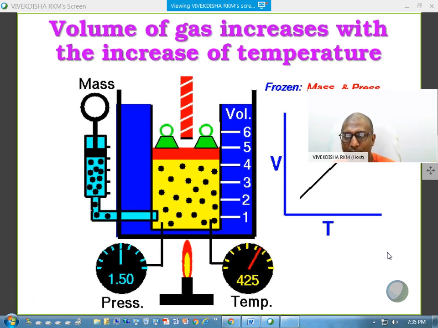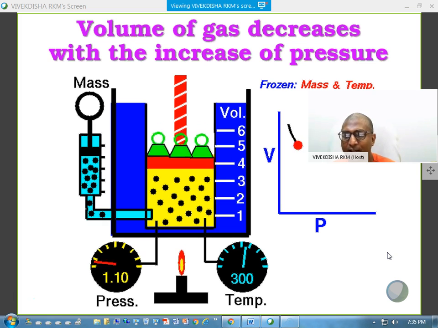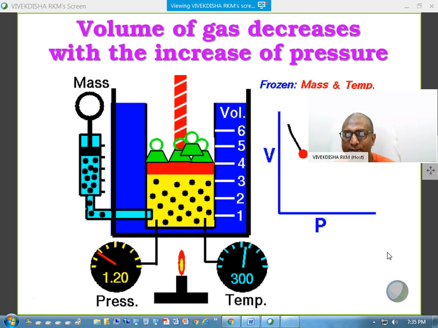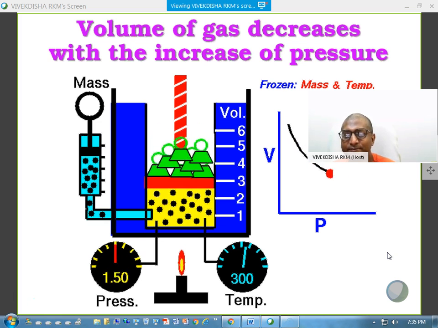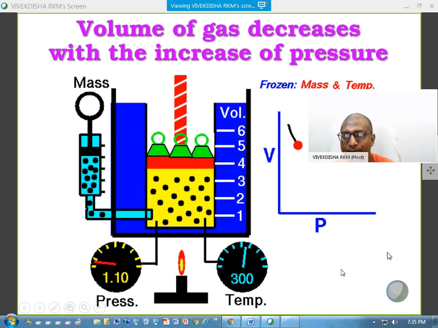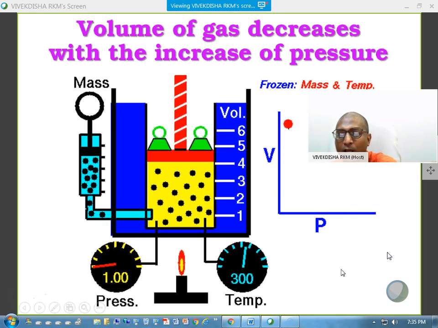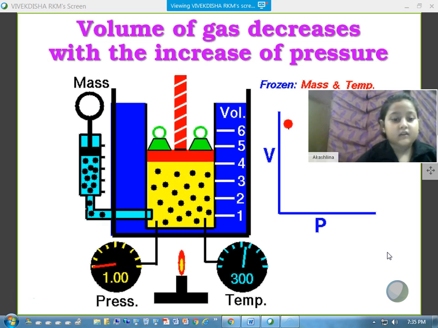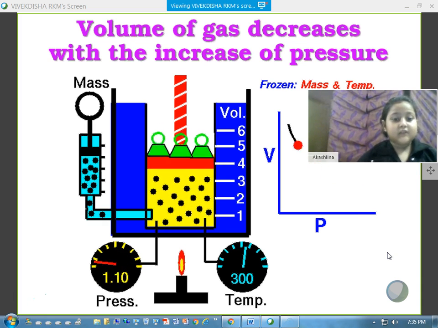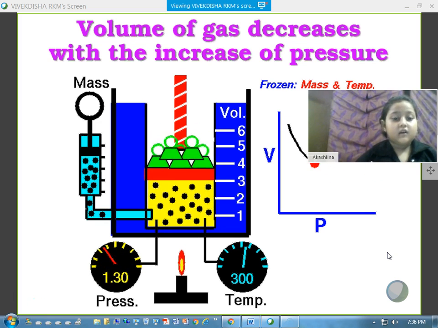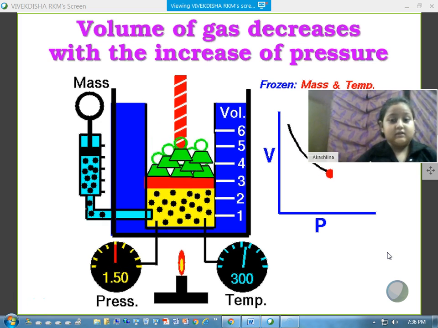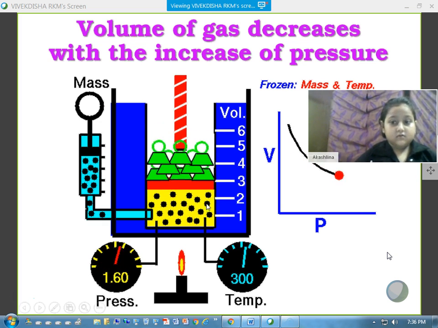Here is one thing more, another animation. Akash Lina, try to understand first. What is here? When the gas is pressed, what is coming down?